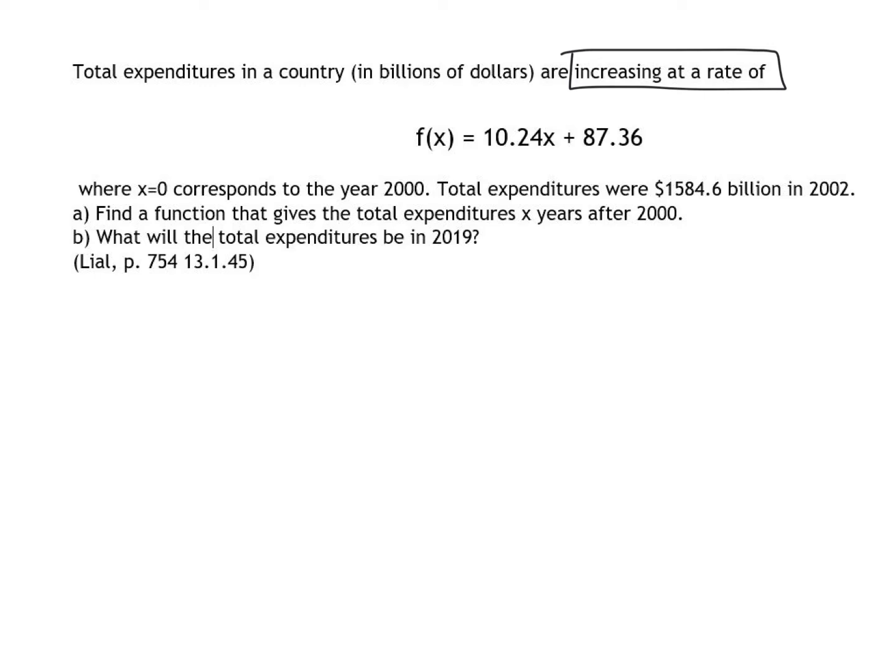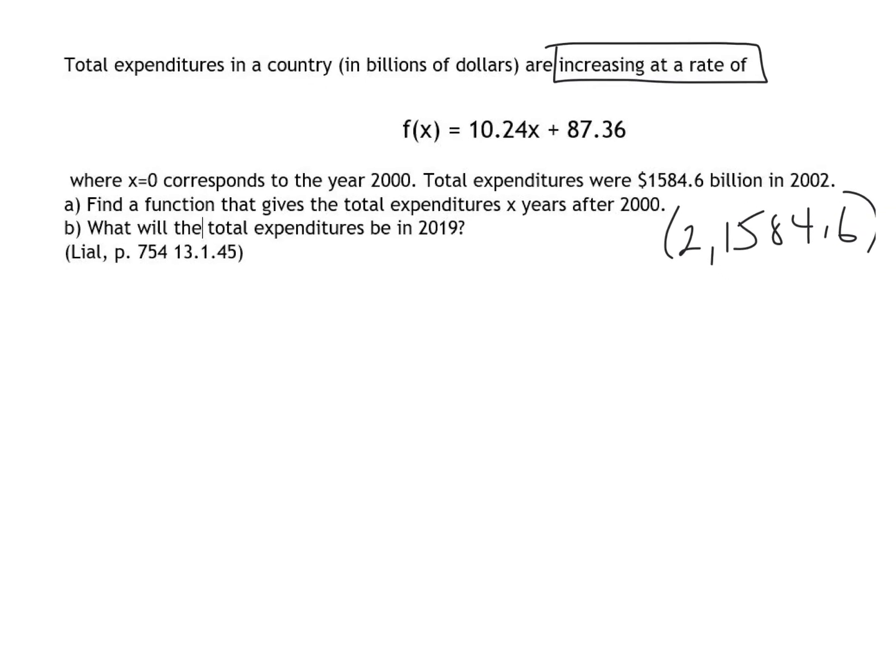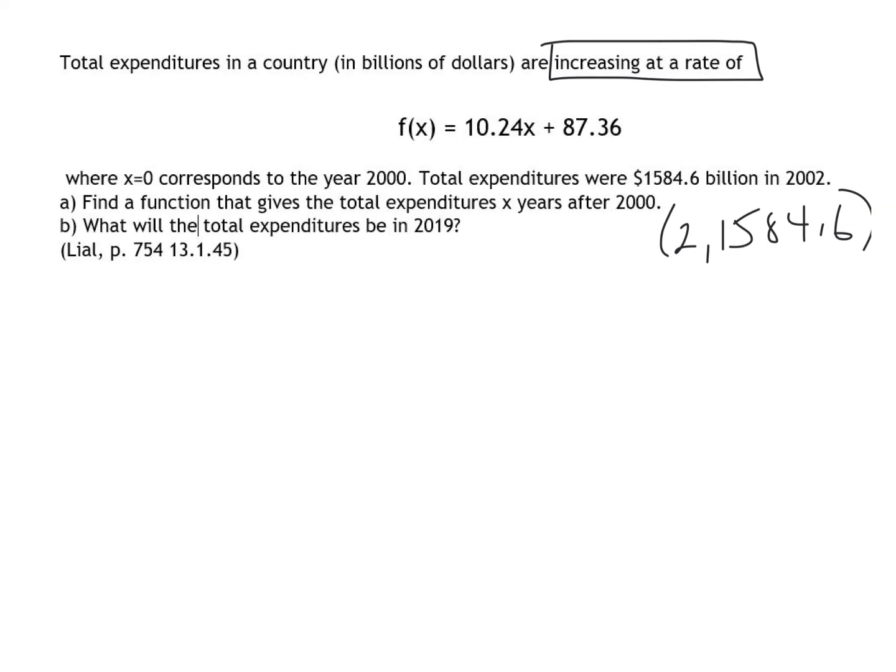Again, that's our point, right? So our point will be 2 for 2002 and 1,584.6, yeah? It says find the function that gives the total expenditures x after 2000. And then find out what the total expenditures will be in 2019. So it was a prediction or an extrapolation, yeah?